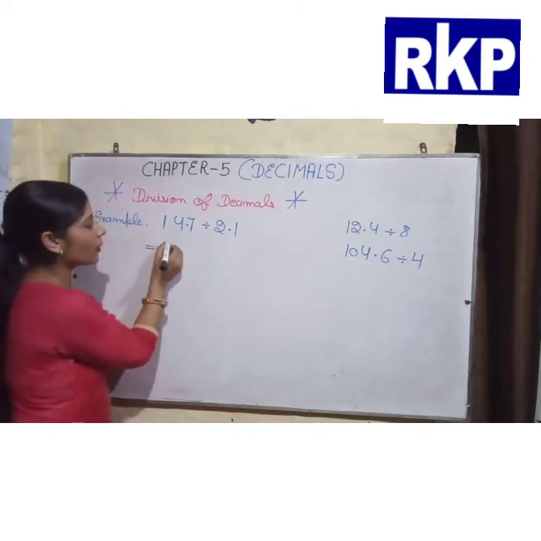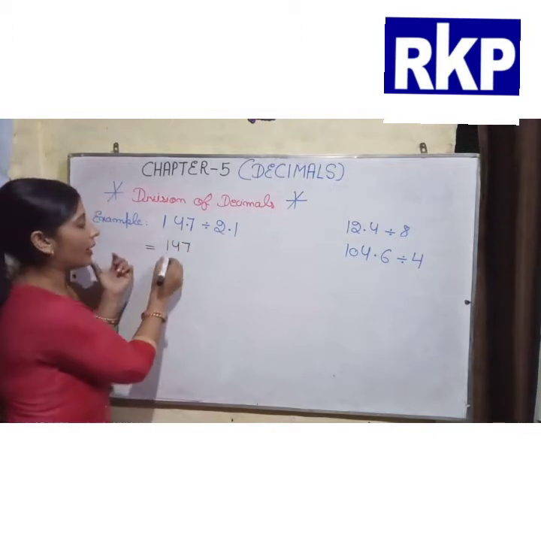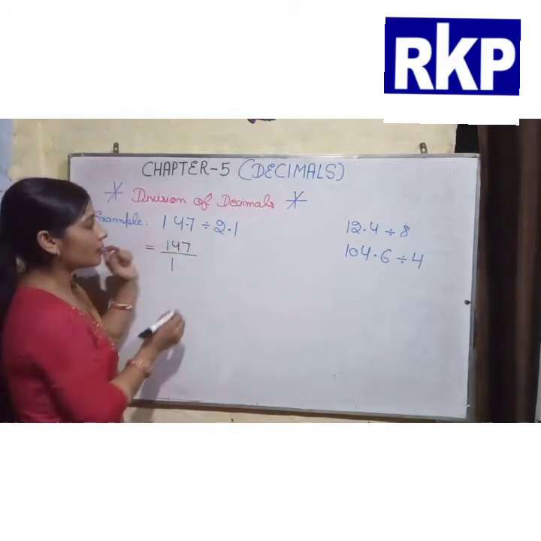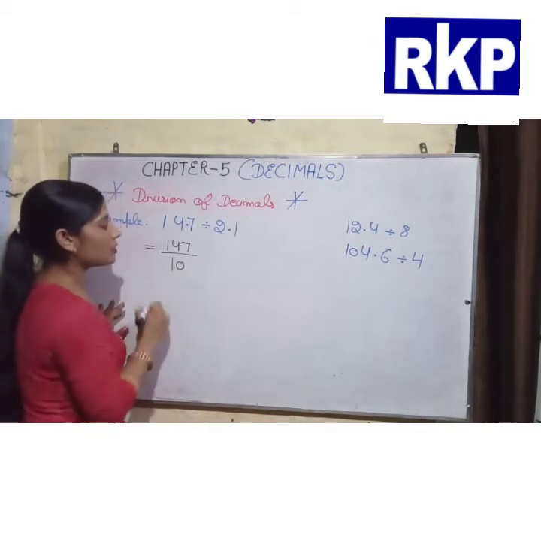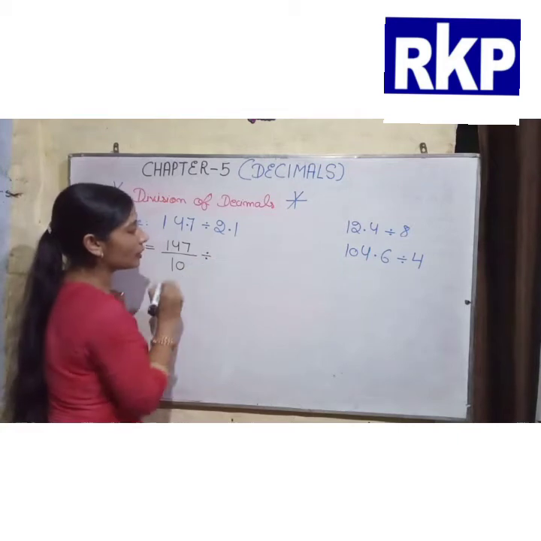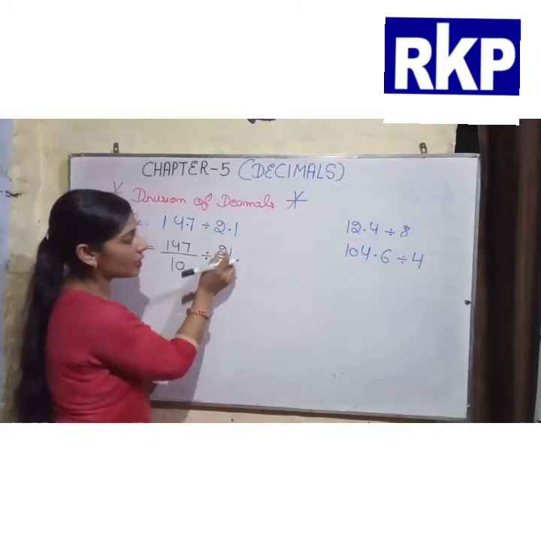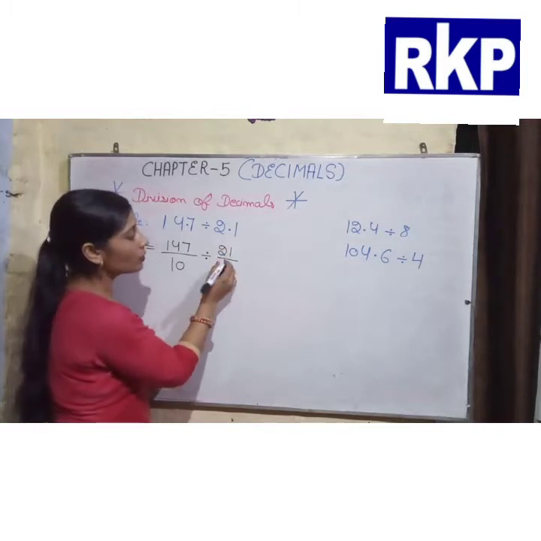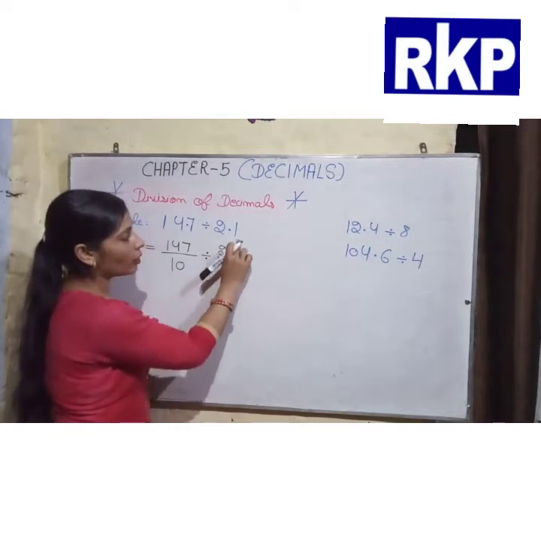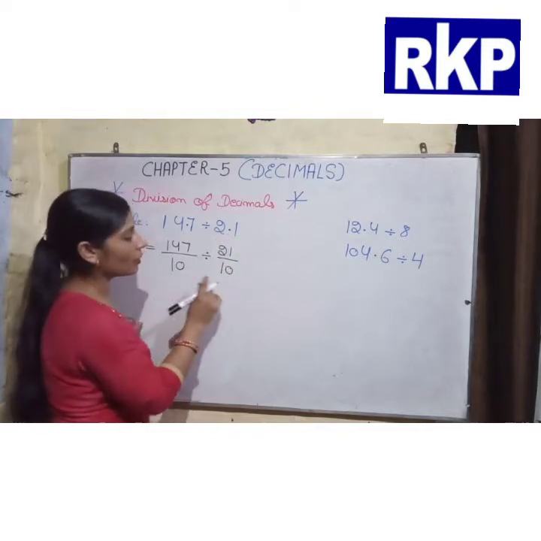We have to write 147 as it is as a numerator, and now we have to write 1 at the place of this decimal point, and after that we have to write only 10 for this one digit, and now we have to put the sign of this division, and now we have to write 2 and 1 as it is as a numerator, and now we have to put 1. We have to write 1 at the place of this decimal point, and now here beta we have only one digit after this decimal point, so we have to put only 10.